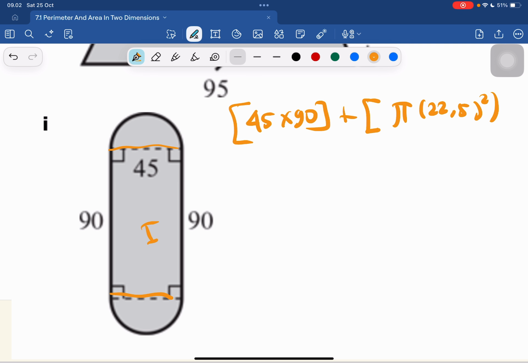So 49 times 90 is 4050 plus 22.5 square, it's gonna be 506.25 multiplied by pi. So this final answer is gonna be 5640.43 centimeter square.